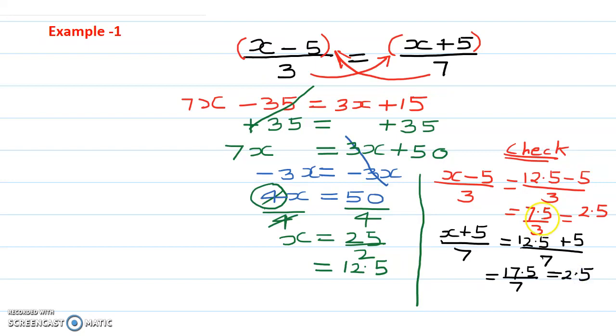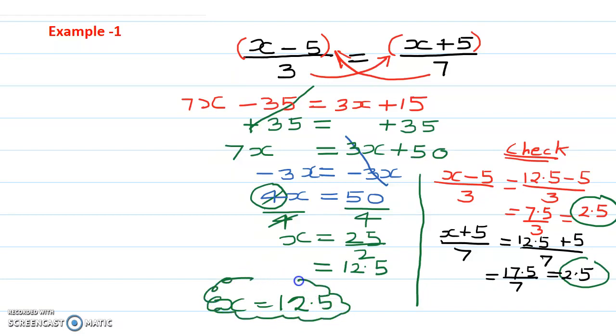So if you see, our left hand part and right hand part are both the same, 2.5. So our correct answer is x equals 12.5.